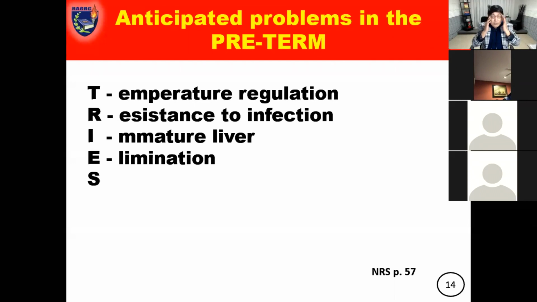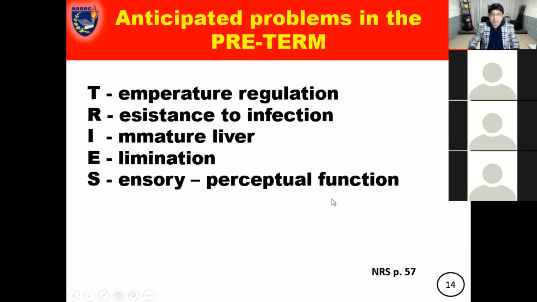So you also need to refer them to a registered dietitian. The diet would be high calorie, high sodium. Why high sodium? Because you will need to replenish the sodium that they're losing through their skin. And of course, you have to assess their sensory perceptual function.